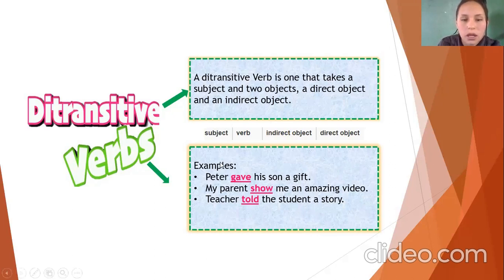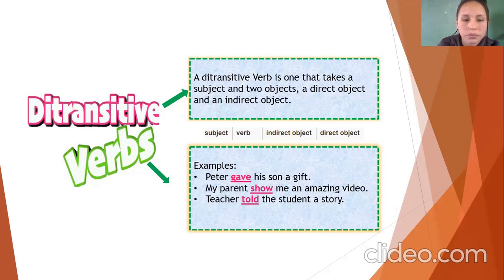For example, Peter gave his son a gift. Now, as we say, these ditransitive verbs are a little special because they have two complements.